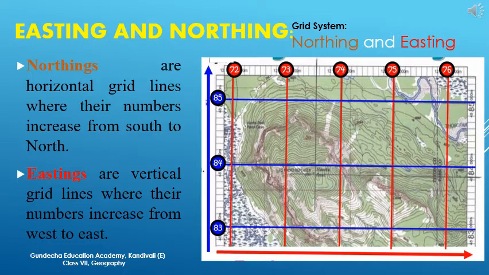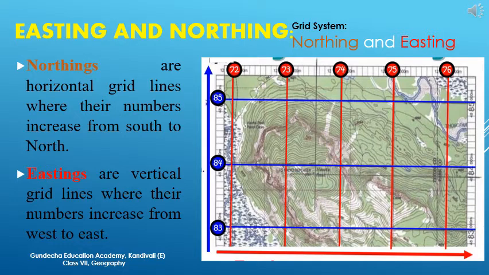These northings and eastings lines are also very similar to latitudes and longitudes. As the topographical maps are large-scale maps, we need these lines to locate places easily. Eastings and northings lines are also imaginary lines.